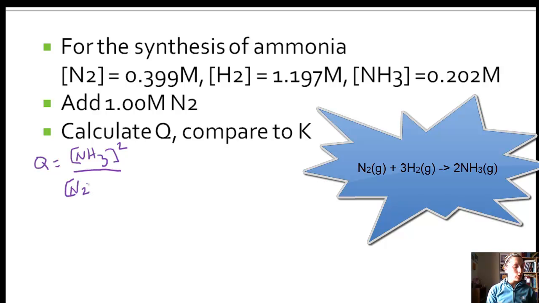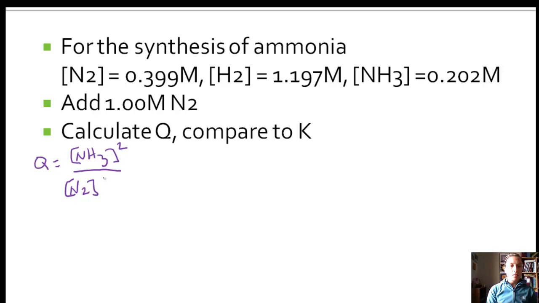Concentration of N2, which is on its own, and then H2, sorry, and that's getting cubed. Because it's Q, these are initial concentrations. If we're adding 1 mole of N2, then that's going to change our initial concentration of N2.